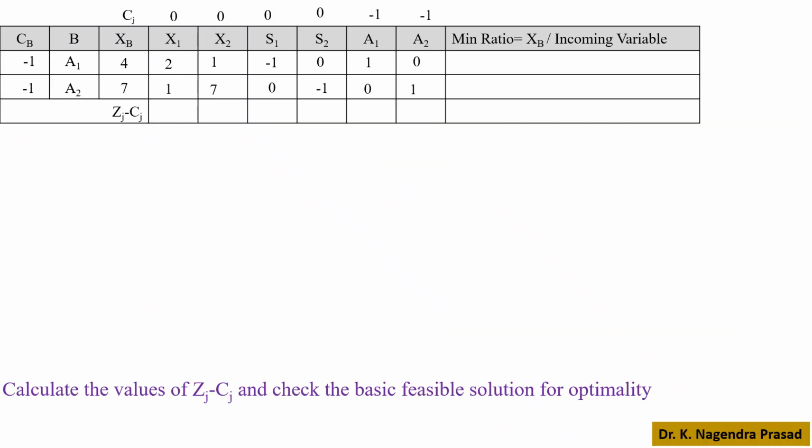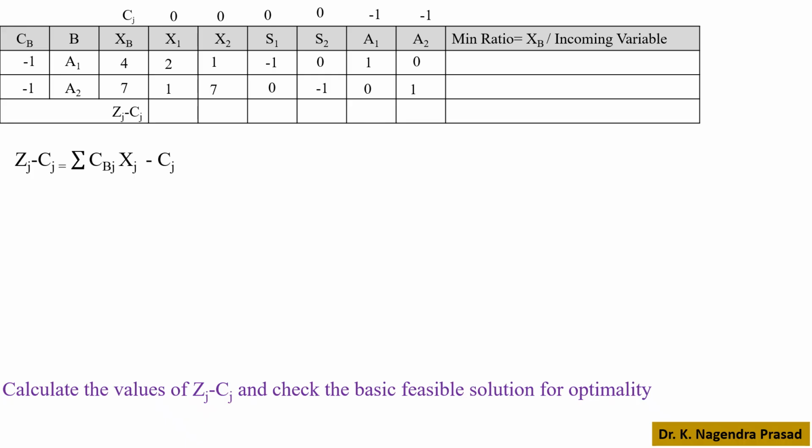Next, calculate the Zj minus Cj values and check the basic feasible solution for optimality. Zj minus Cj is the summation of CB times xj minus Cj. First calculate Zj minus Cj for the first variable, x1.